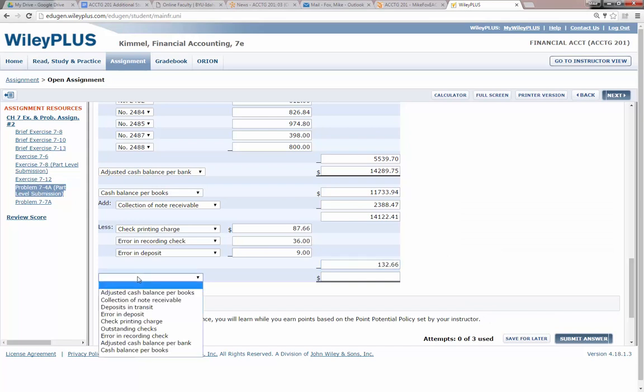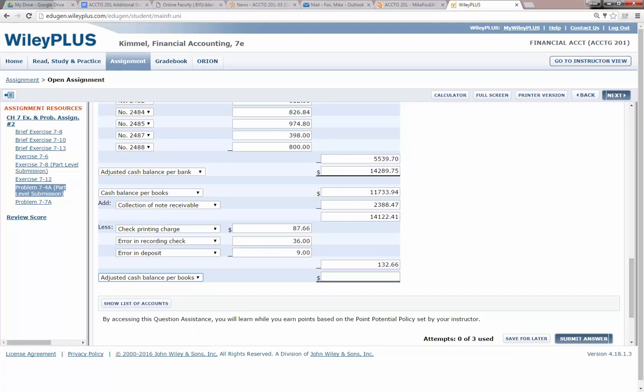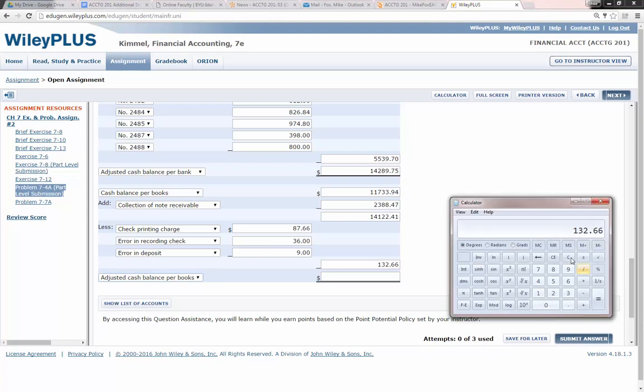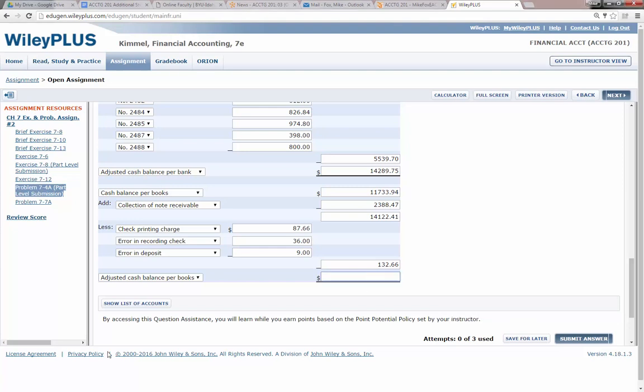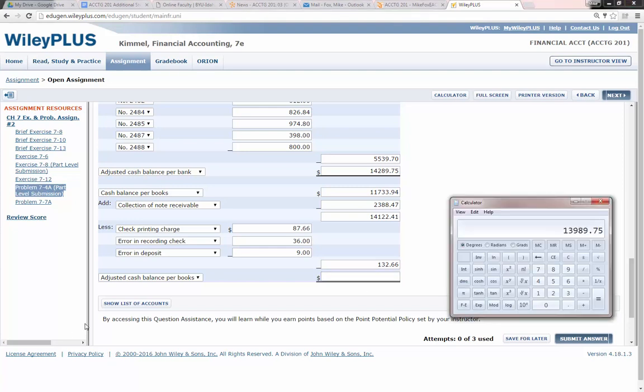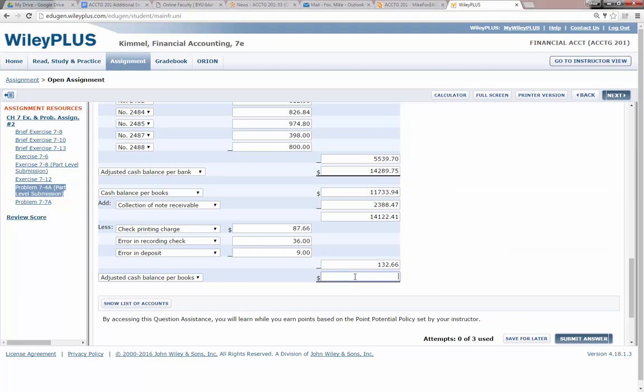And then our adjusted cash balance per our books will be $14,122.41 minus $132.66. Hopefully it balances. $13,989.75.